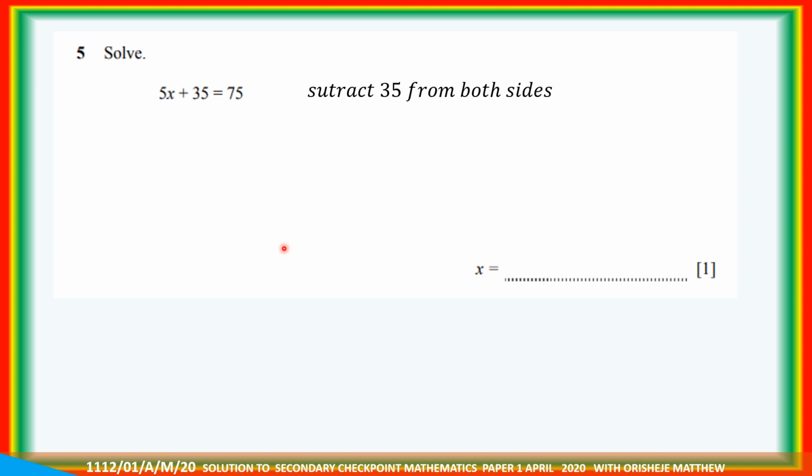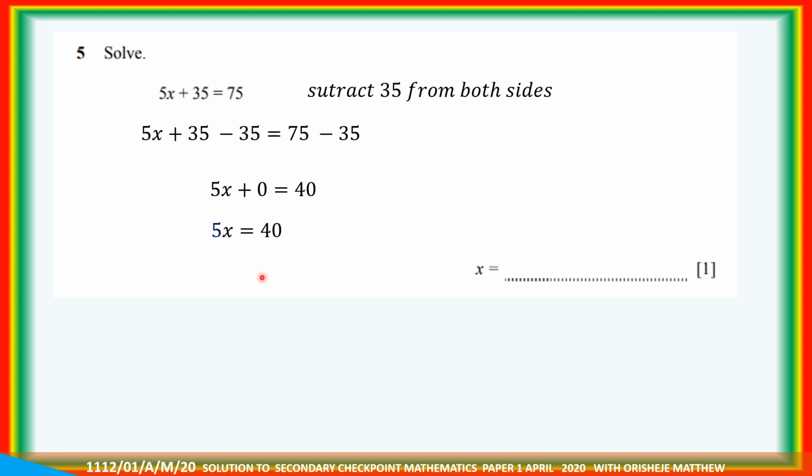So since you have 5s plus 35, you subtract 35 from both sides. So you are going to have 5s plus 35 take away 35, and also take away that 35 from 75. Plus 35 and negative 35 will give you 0. So you are left with 5s plus 0. And then when you subtract 35 from 75, that will give you 40. So you have 5s equals 40.